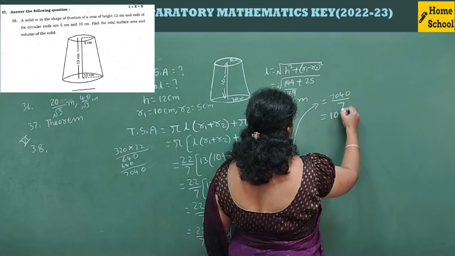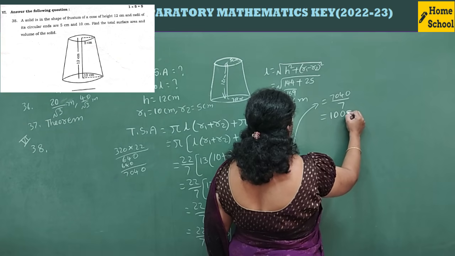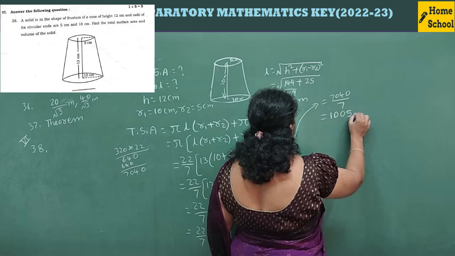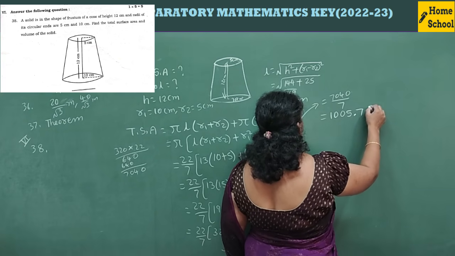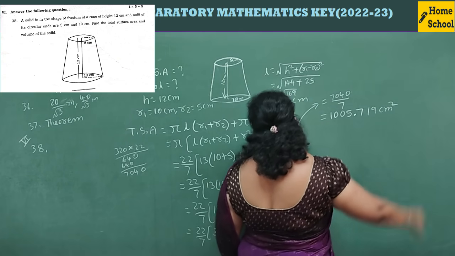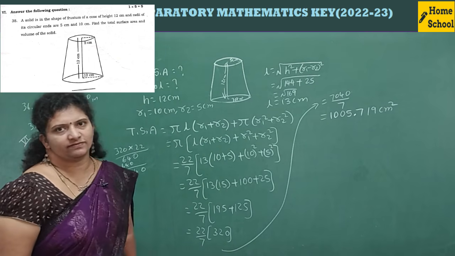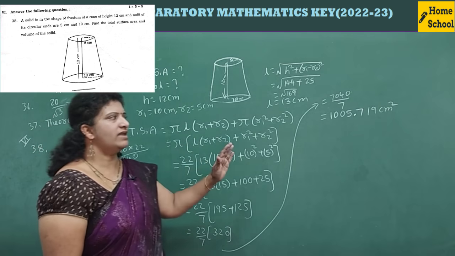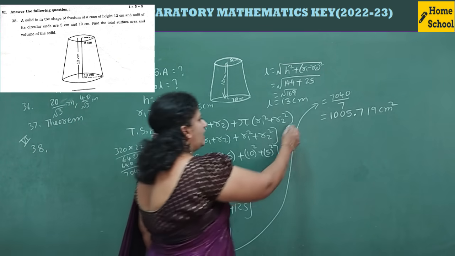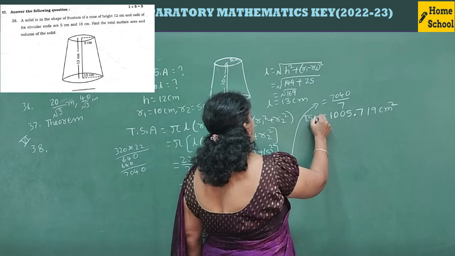The answer is 1005.719, let's stop here, centimeter square. Total surface area, what is the answer? 1005.719 centimeter square.